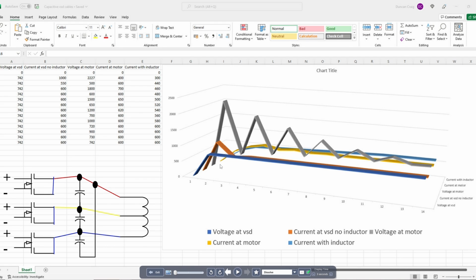And of course, if you were to experience a short circuit or an earth fault of the cable at this point, the inductor is going to give the drive a good chance to detect the overcurrent condition and turn the IGBTs off.